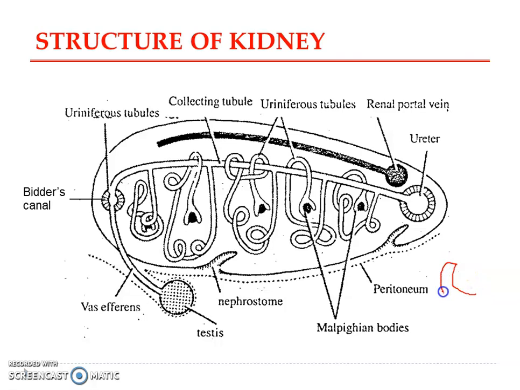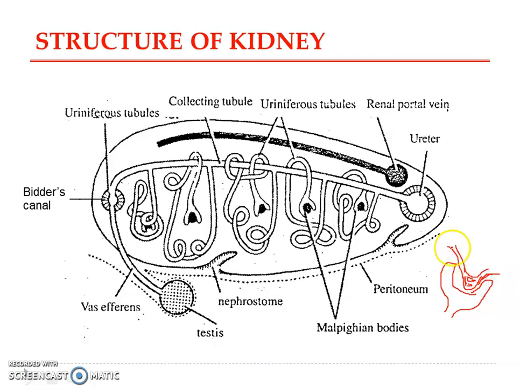This one will be the Bowman's capsule, and it will enclose the branched capillary network. Here the waste materials from the blood are filtered out into the Bowman's capsule. I hope it is clear.